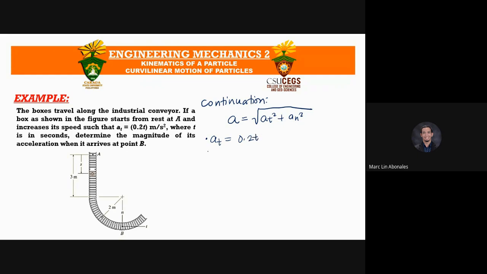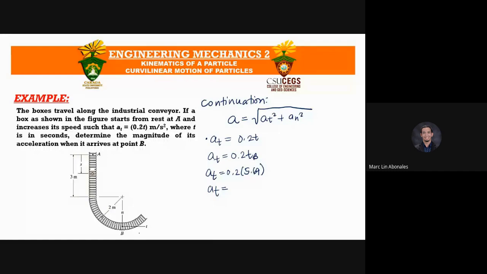At the time the box reaches point B, 5.69 seconds, we substitute here: a_t is equal to 0.2 t_B, so that would be 0.2 times 5.69, and that would be our tangential acceleration at point B.